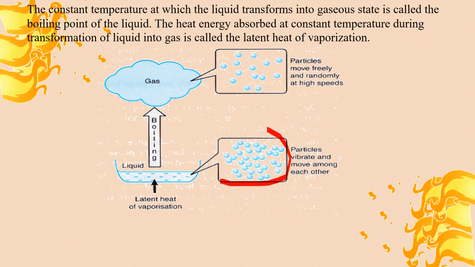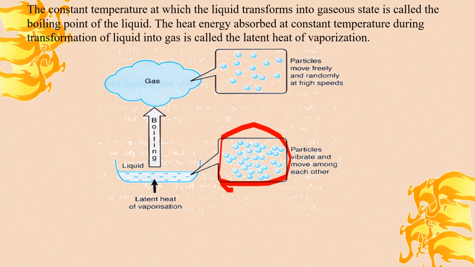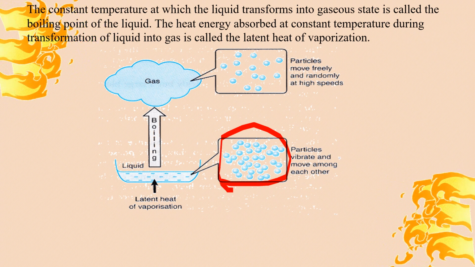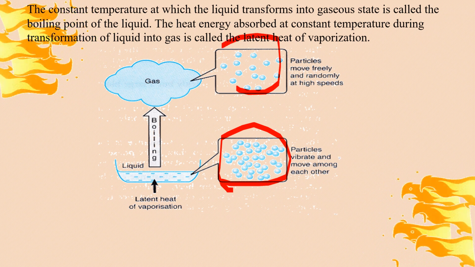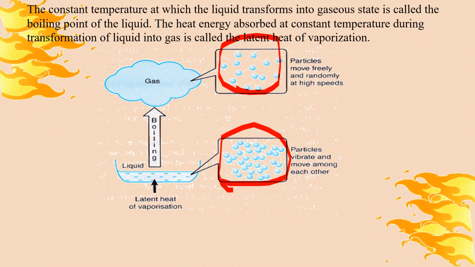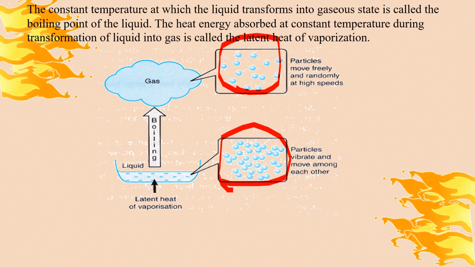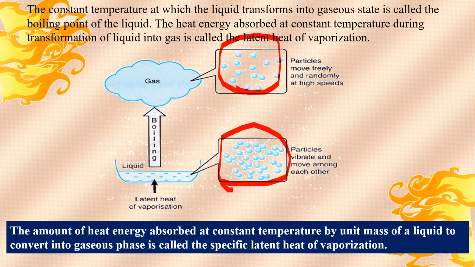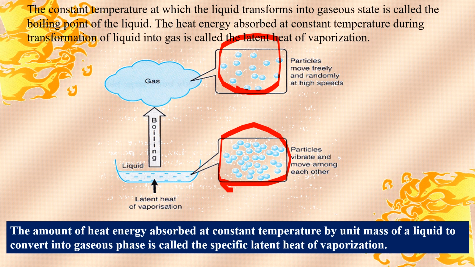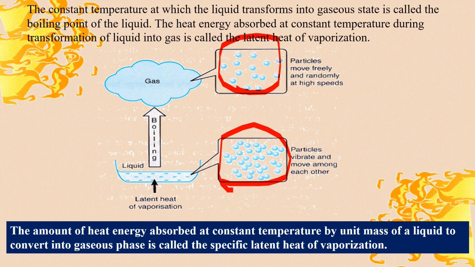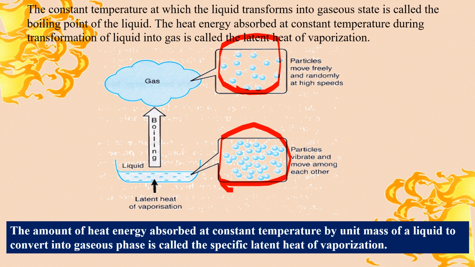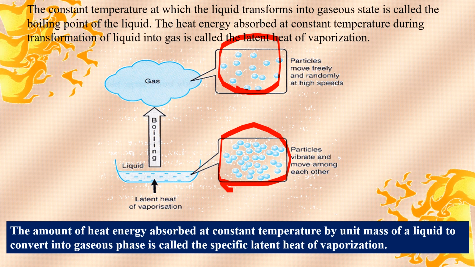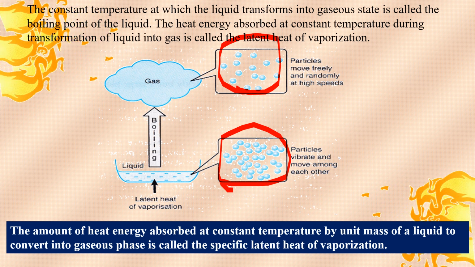Okay, so here you can see the particles are much tighter as compared to that of the gaseous state. Now this is all because of the heat being absorbed. Alright. So the amount of heat energy absorbed at constant temperature by unit mass of a liquid to convert into gaseous phase is called the specific latent heat of vaporization.